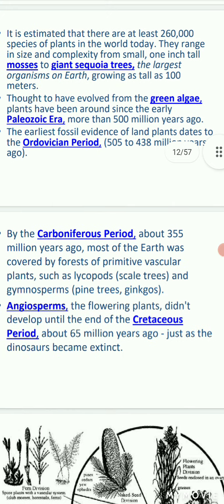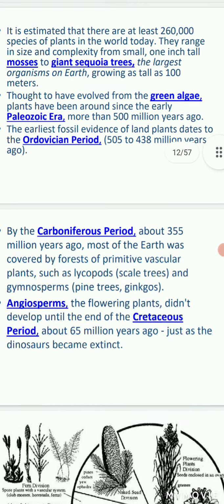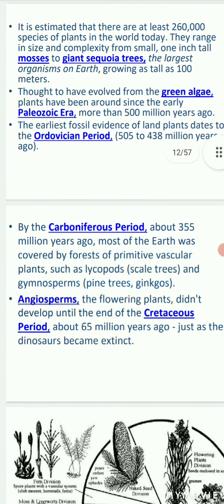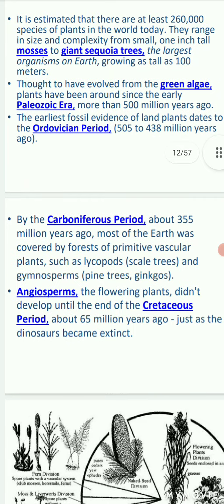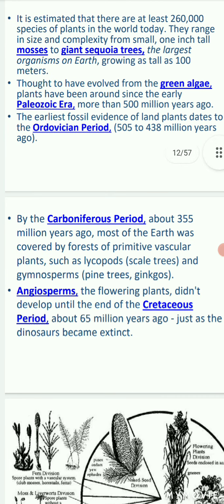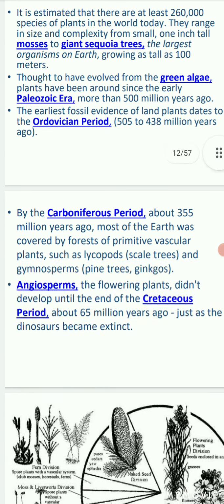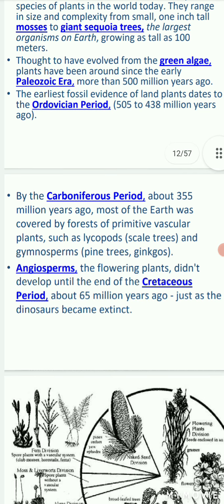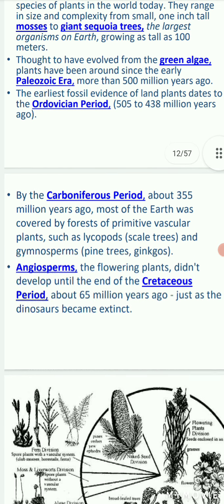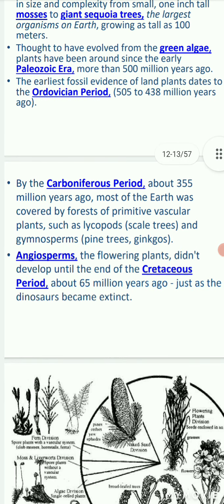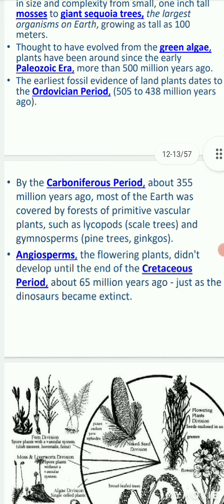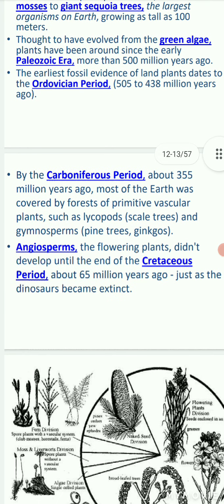By the Carboniferous period, which started about 355 million years ago, most of the earth was covered by forests of primitive vascular plants such as lycopods. These are the scaly small trees, and the gymnosperms, which are pine trees like Ginkgo.